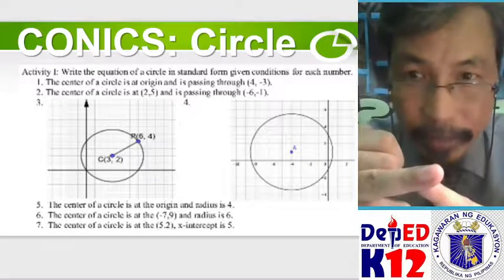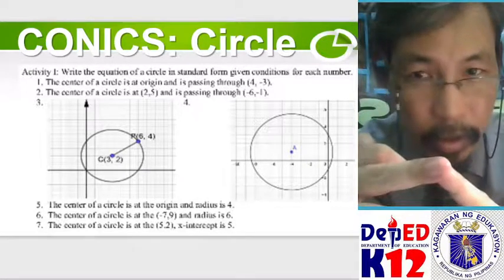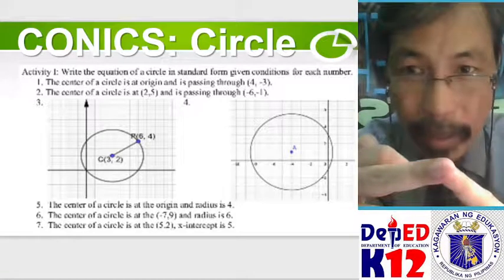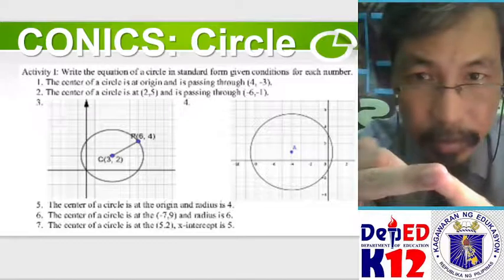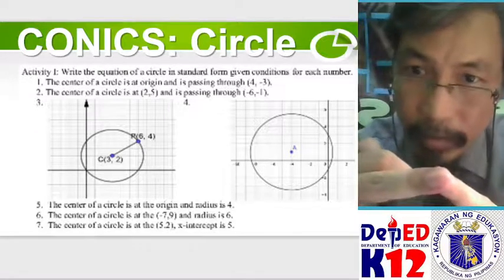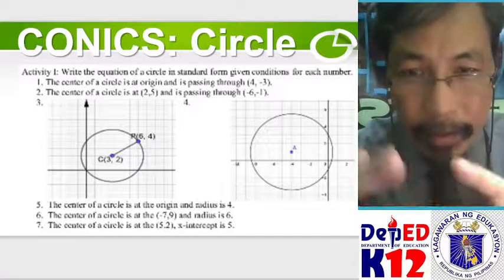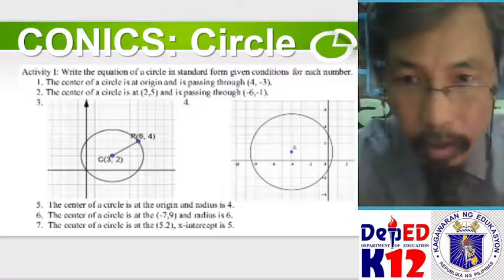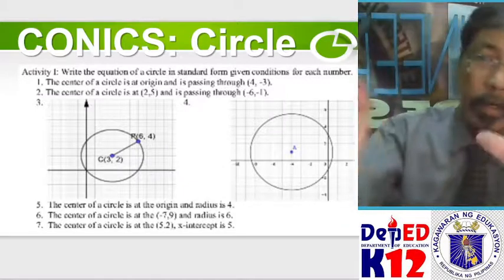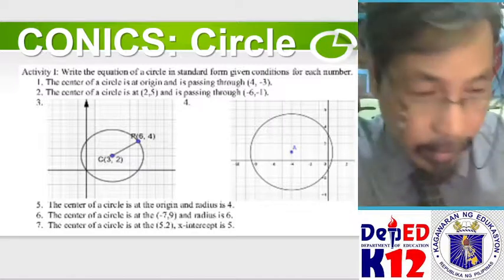H and K. The third one is that the equation of the circle has r squared, which is equal to radius squared. And the last one, we should recall the distance formula. All in all, those are the things. So let us apply this in number 1.